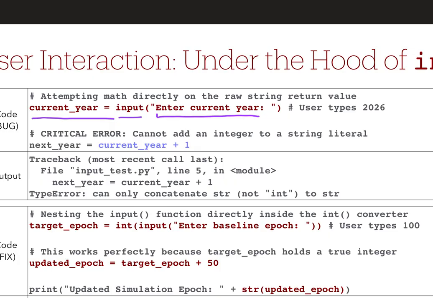The one problem with this current year variable is that whatever the user types, this input function will return that information as a text string. So the current year in this form cannot be added by 1. That numeric operation can be performed only when this current year is a numeric value. But in the current code, the current year is in the format of a text string. So the addition by 1 is not allowed. When you perform that operation, you get an error message.